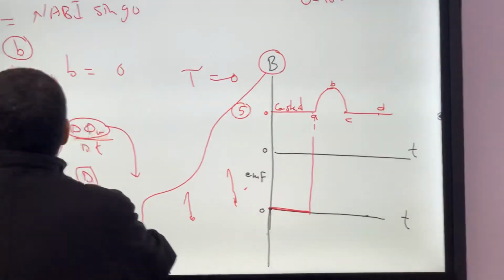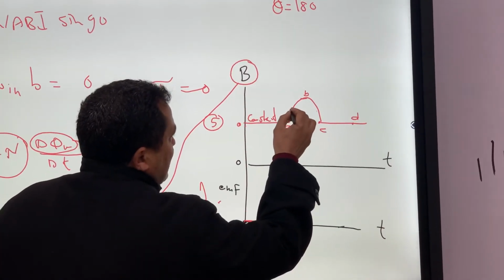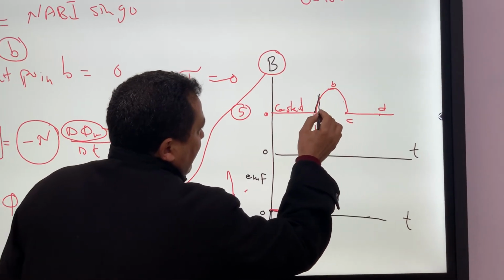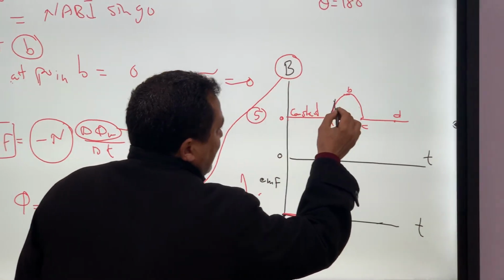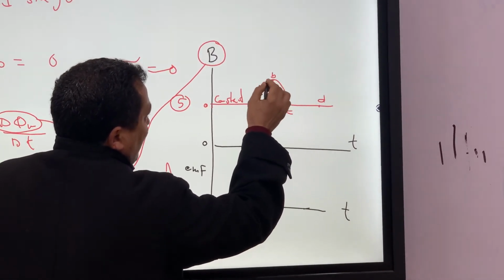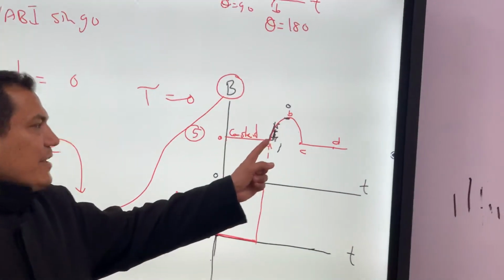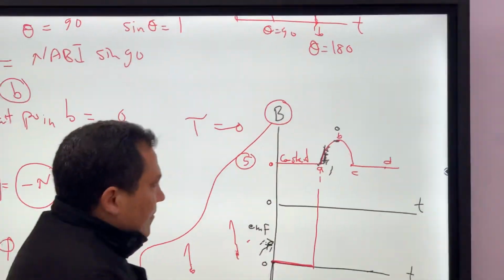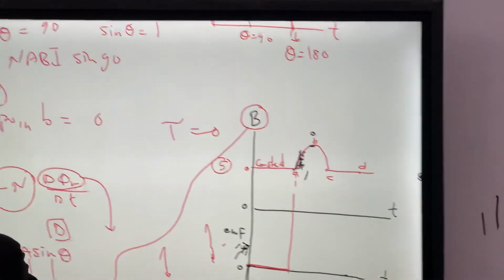The rate of change at this point, we can find it by the slope. The slope at this point is large positive, and the positive decreases. At this point, the slope equals 0 again. At this point, the slope is maximum, maximum in positive sign.